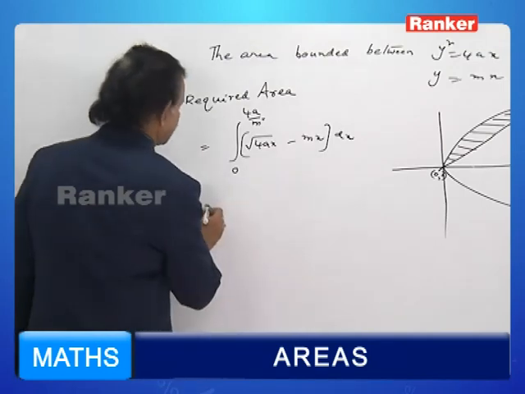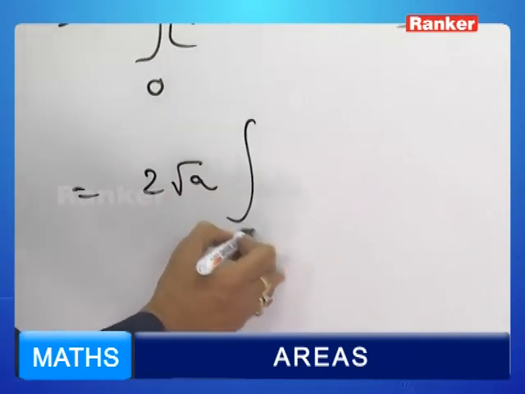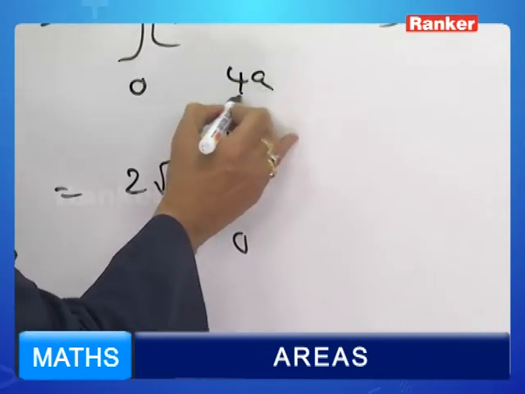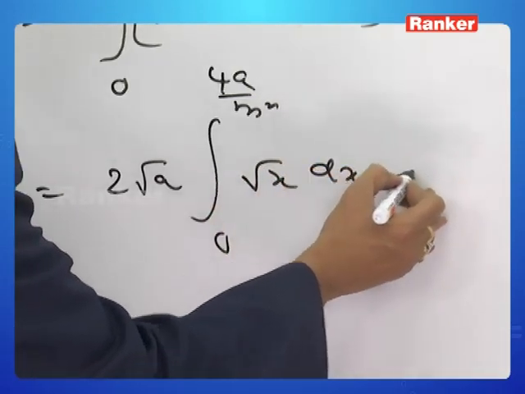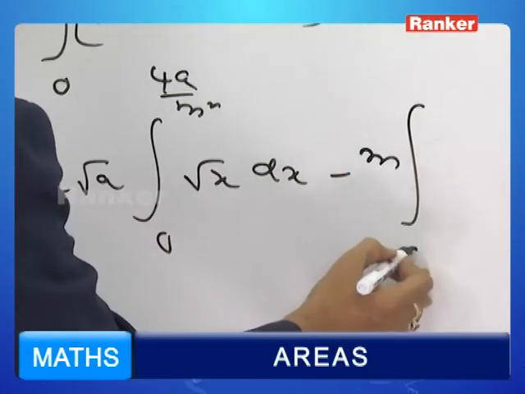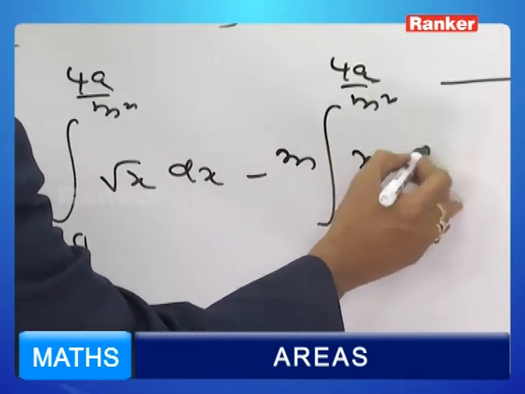Okay, this is equal to root 4a means 2 root a into integral 0 to 4a by m square root x dx minus m into integral 0 to 4a by m square x dx.